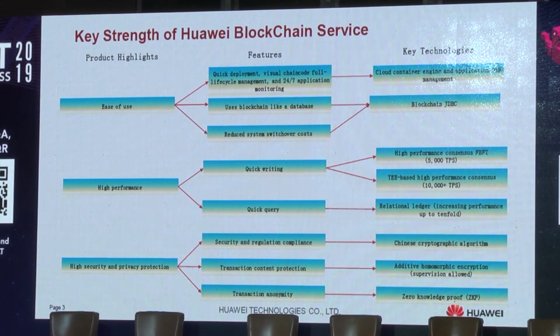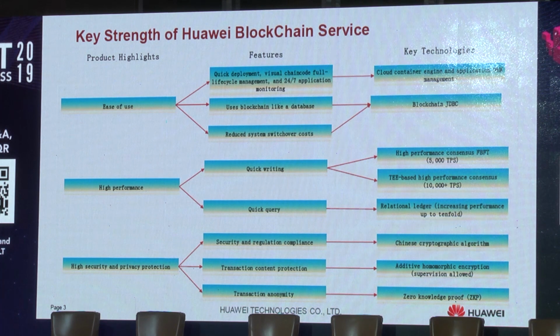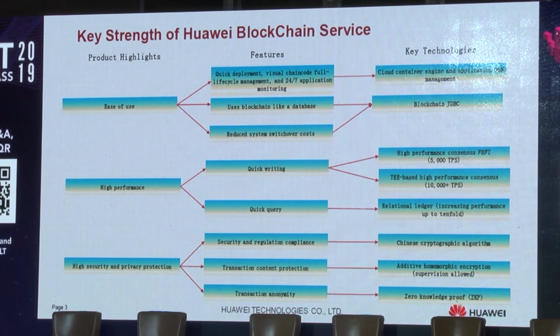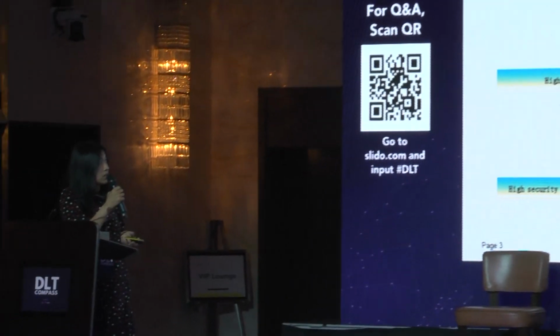For the first one, ease of use, currently we use Huawei container engine to quickly deploy blockchain service middleware, and also support full lifecycle management for smart contract and support the monitoring and operation for the blockchain applications. Underneath, for the blockchain ledger data storage, except to support LevelDB and CouchDB, we also support a secure relational database.